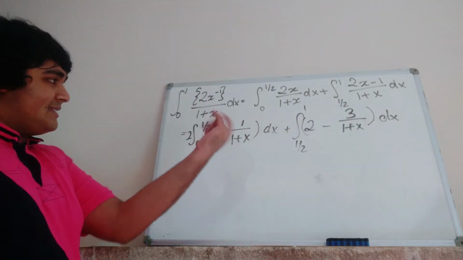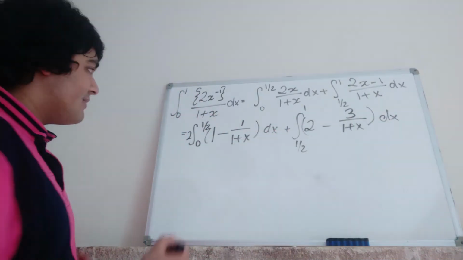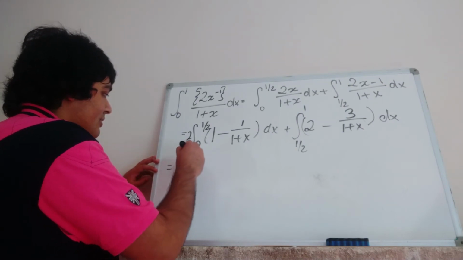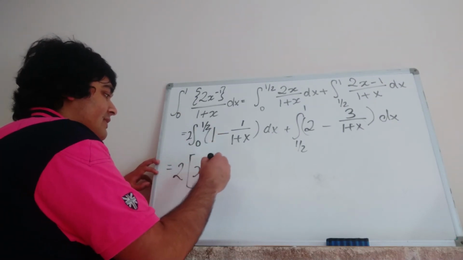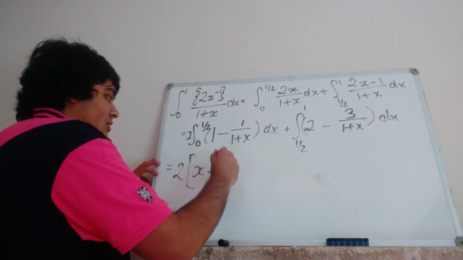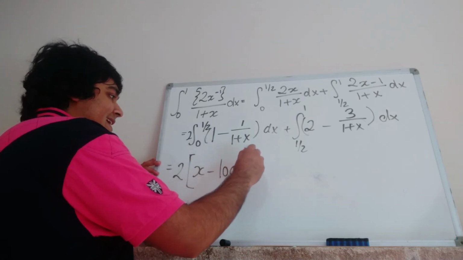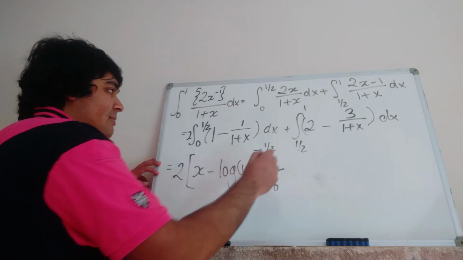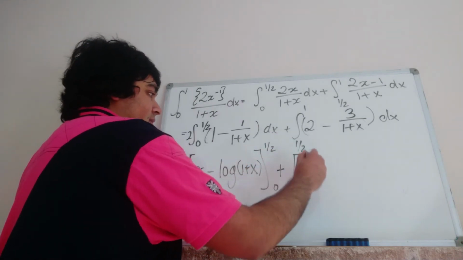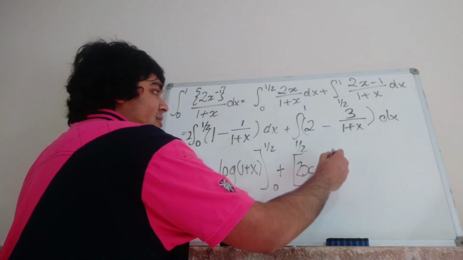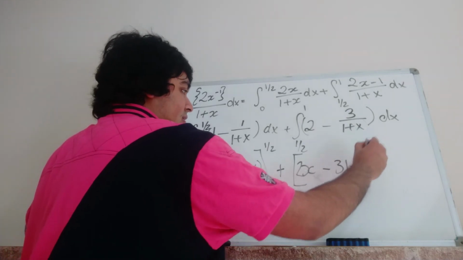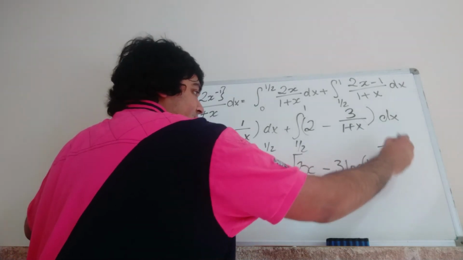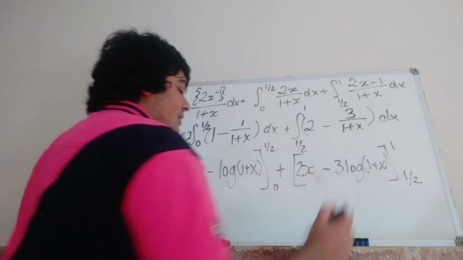And now these things I can just compute the antiderivative of. This thing here is 2 times the antiderivative of this, which is x minus log 1 plus x, between 0 and a half, plus 2x minus 3 log 1 plus x, between a half and 1, like so.